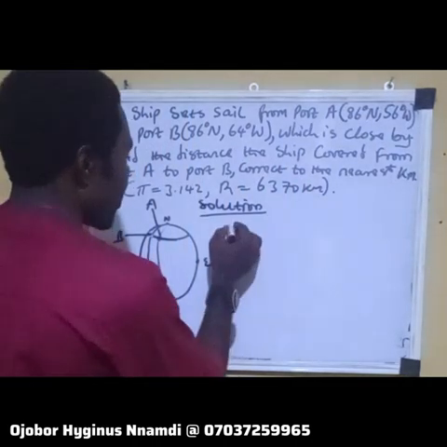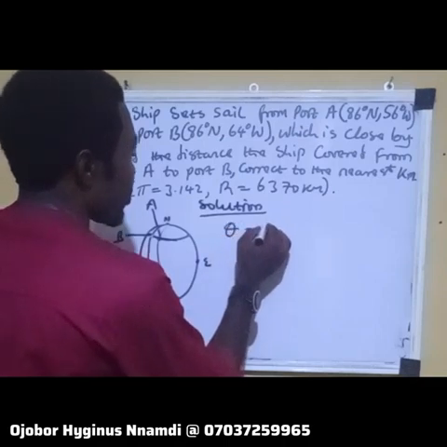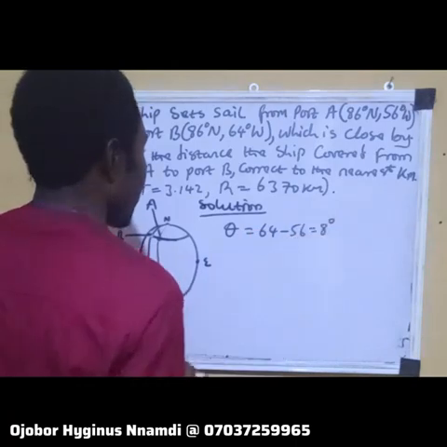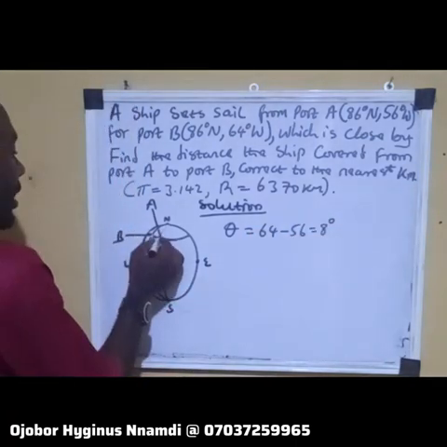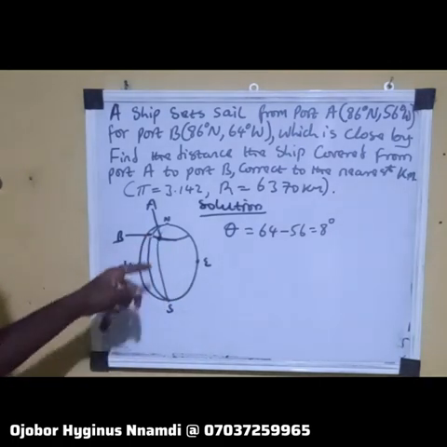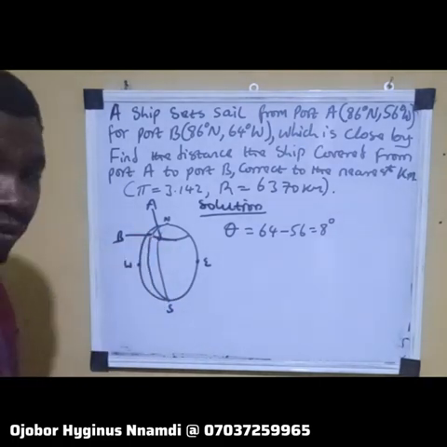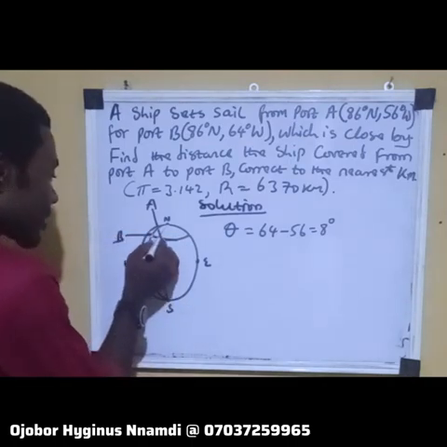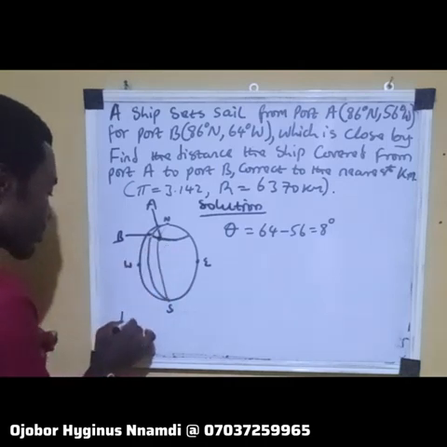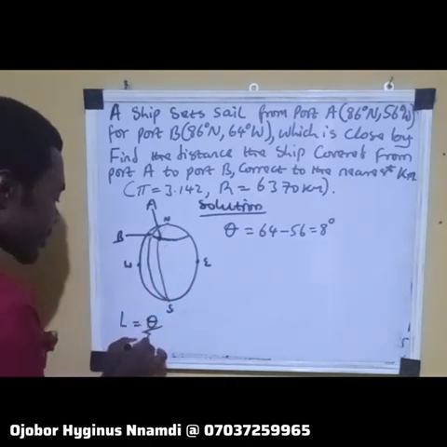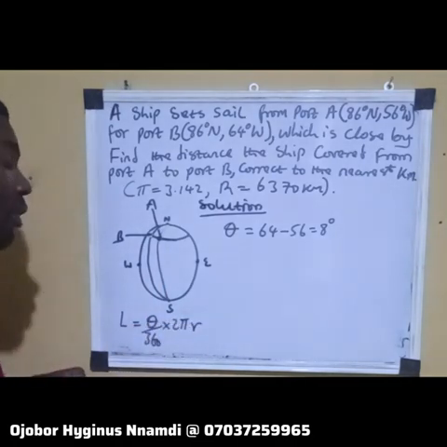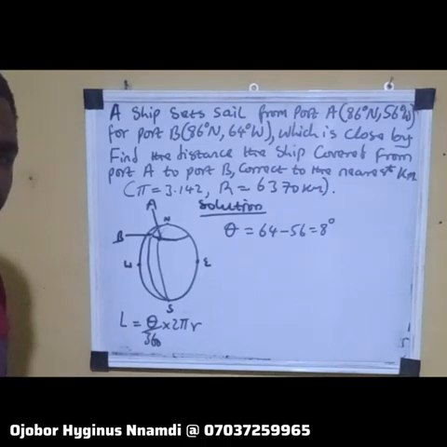So the angle between them, which we refer to as theta, is going to be 64 minus 56, and that is equal to 8 degrees. So that is the angle between point A and point B. Looking at this, the distance from A to B is a distance on a small circle because this is latitude. And because this is an arc, the length of an arc for a small circle is theta over 360 times 2 pi small r, where small r is the radius of the small circle.